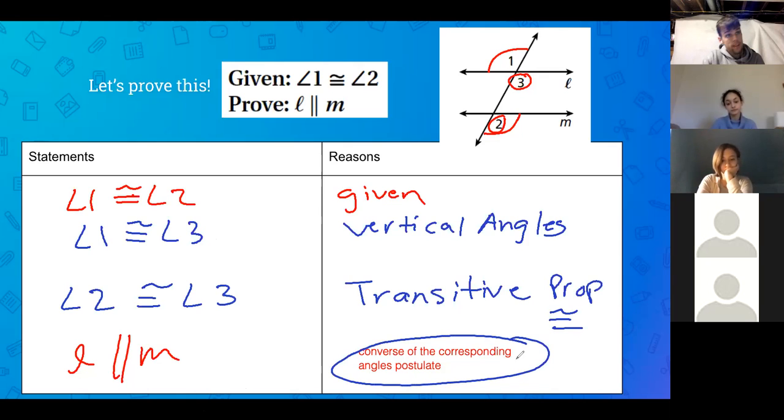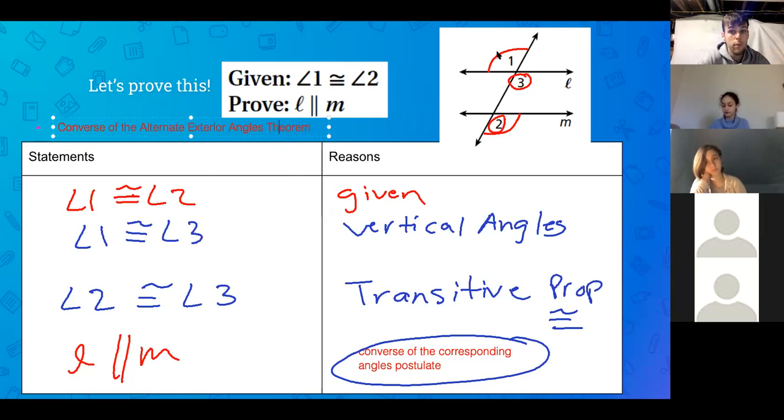So by doing it this way, instead of the other way, we've actually turned this into a proof that shows why the converse of the alternate exterior angles theorem is valid.